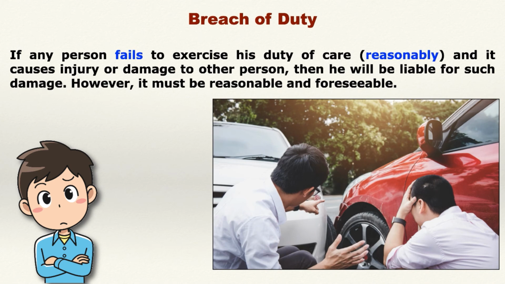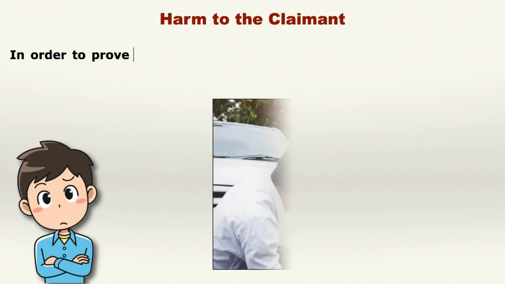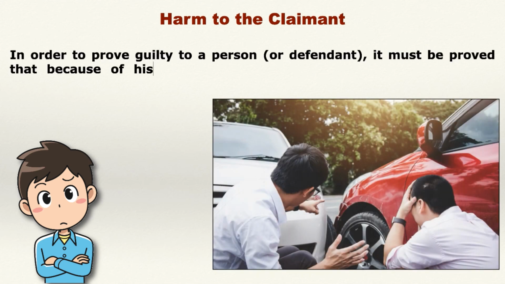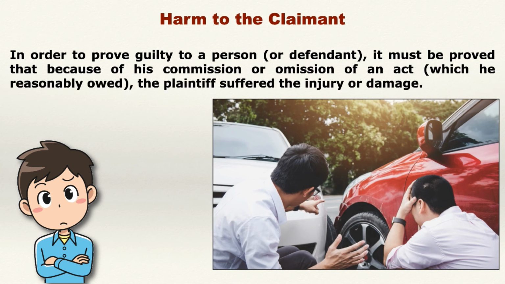Now, the third and the last concept is harm to the claimant. In order to prove guilt of a person or defendant, it must be proved that because of his commission or omission of an act which he reasonably owed, the plaintiff suffered the injury or damage.